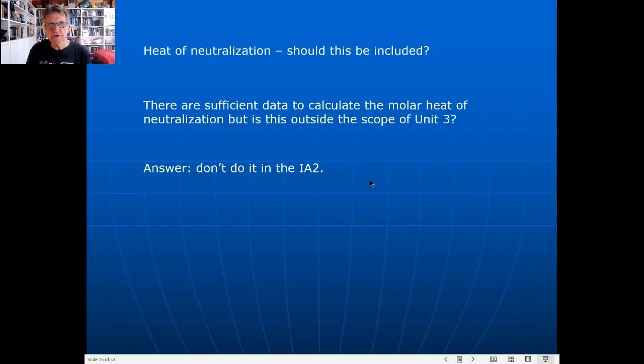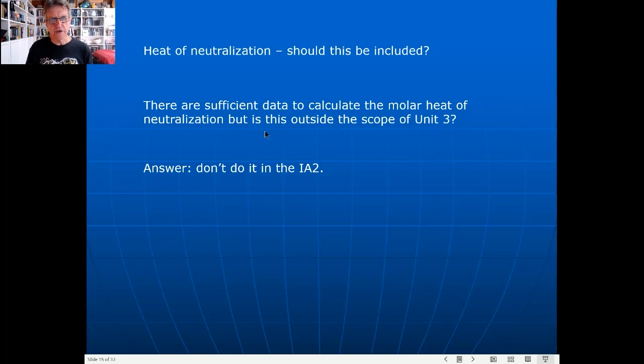The question is, should this be included in the students' work? And the answer is, well, it's outside the scope of Unit 3. It's molar heats of neutralisation, but you've got enough data to calculate the molar heat of neutralisation, but you can't really use material outside of Unit 3.